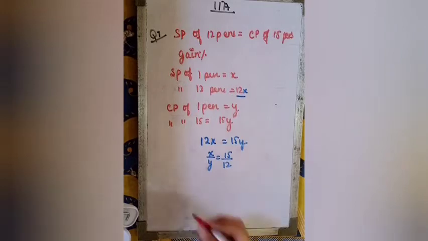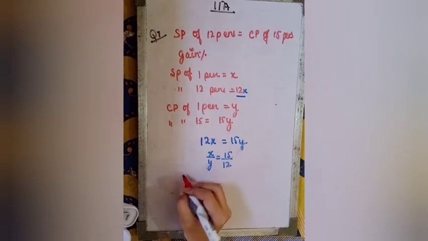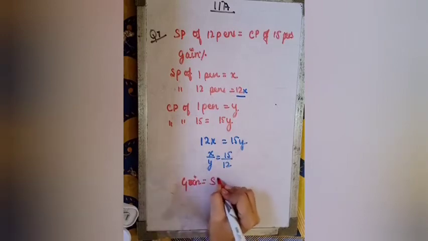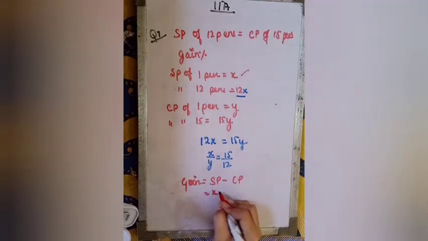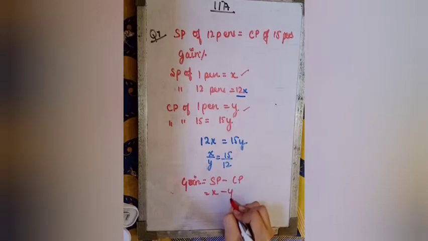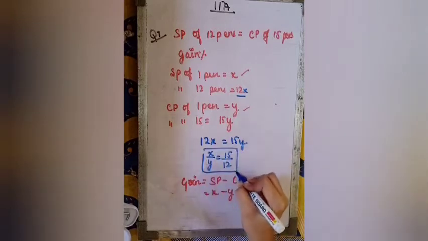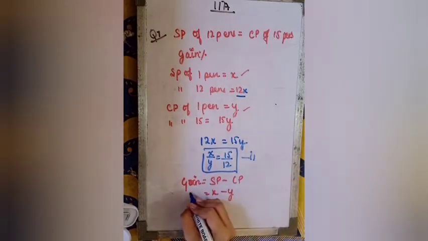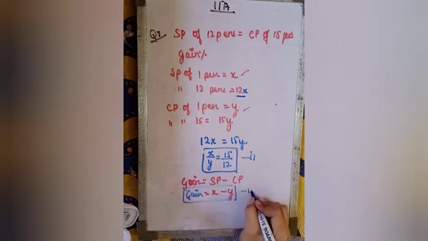Now what is gain? Gain or profit is equal to SP minus CP. SP is X, CP is Y. So let us name the equations. This is equation 1, and this, gain equals X minus Y, is equation 2.